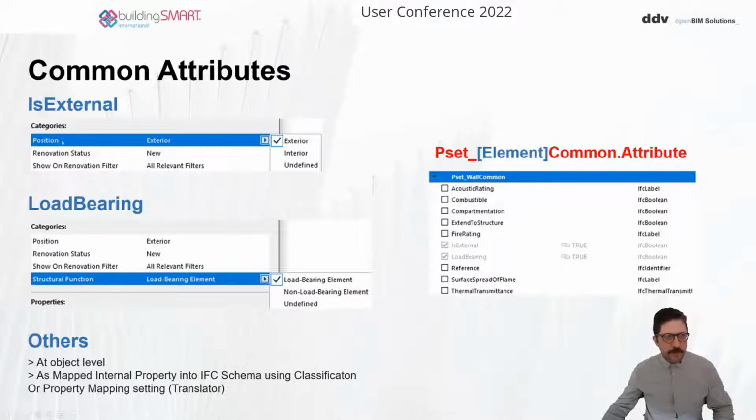Which means that you will be able to define in a very user-friendly way the IsExternal property, in this case this attribute, exterior, interior, or undefined, also with the load-bearing attribute, and also with the rest of attributes within that property set. And you will be able to use that using the same mapping rules that we were using in the previous slide.